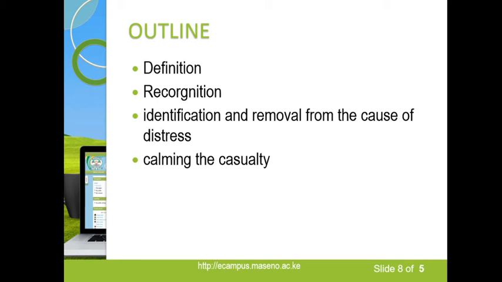How does someone manifest anxiety? So how would you recognize that a person has hyperventilation? If someone has anxiety, how would you recognize that?